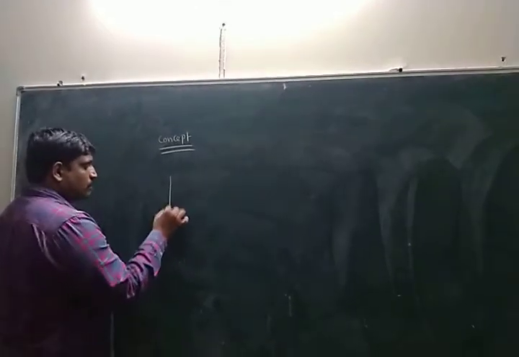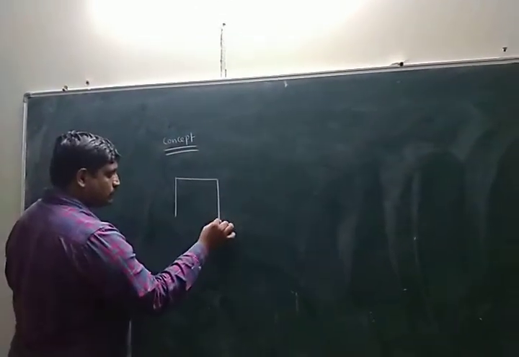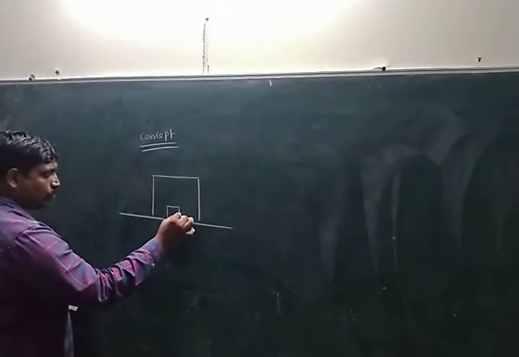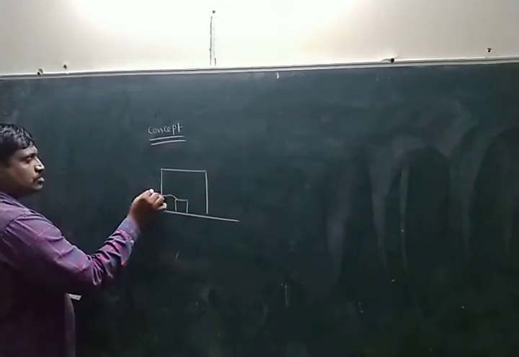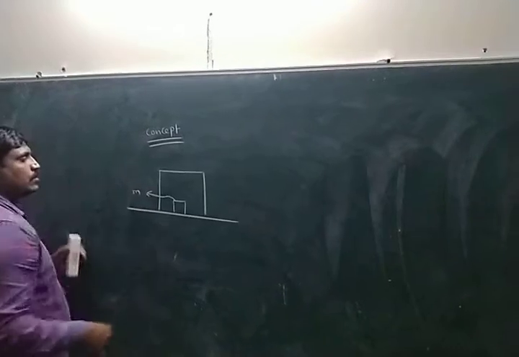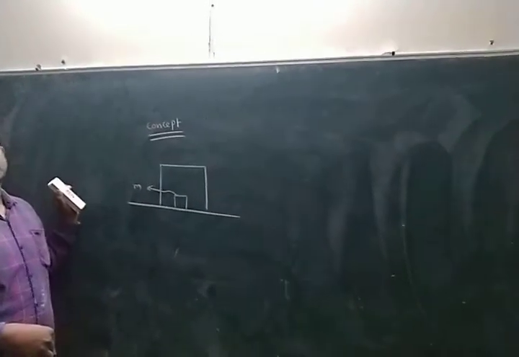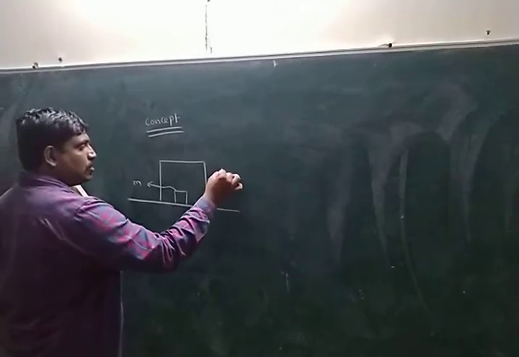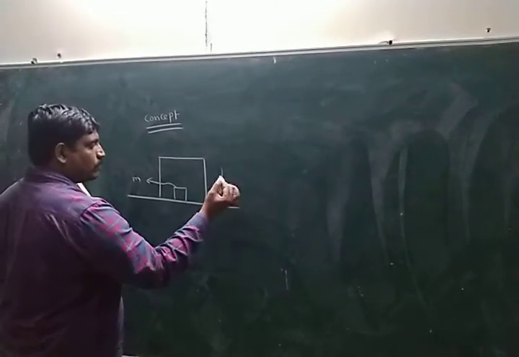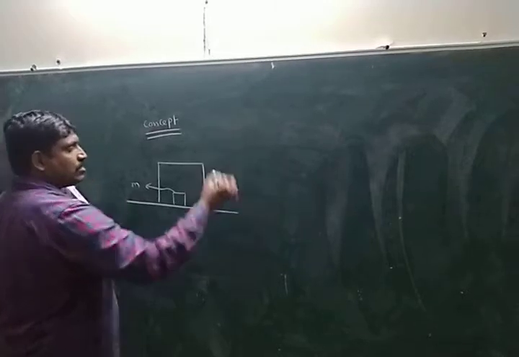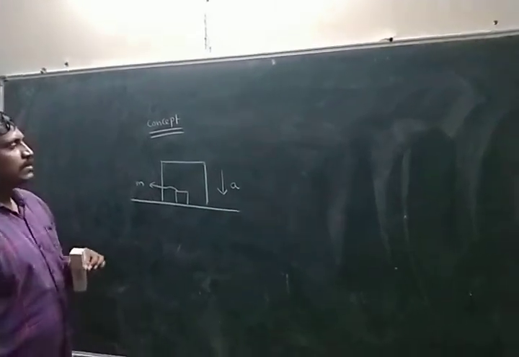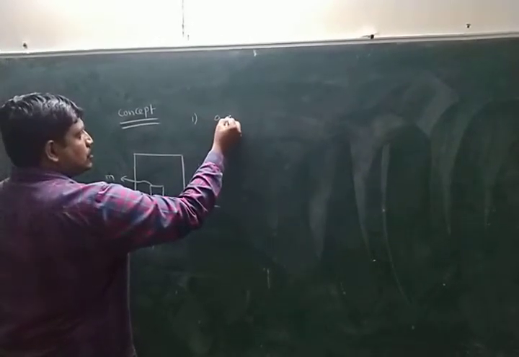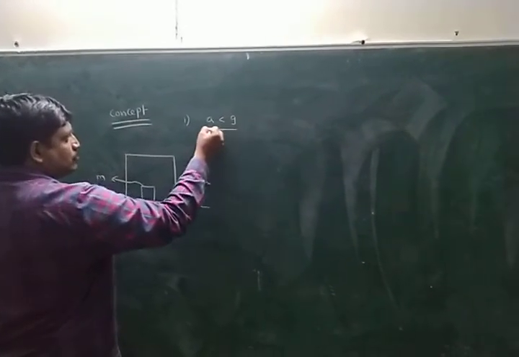This is the lift, the floor. Here a small body, its mass is m, is placed inside the lift. In the situation, lift moving downward with acceleration a. In this concept, the first condition is a value less than g.